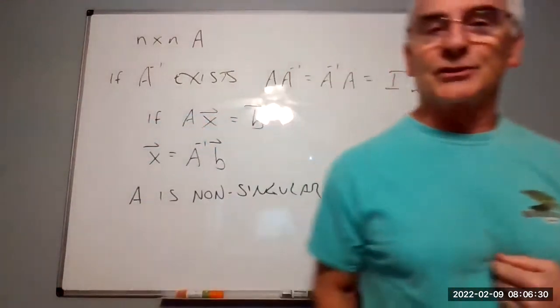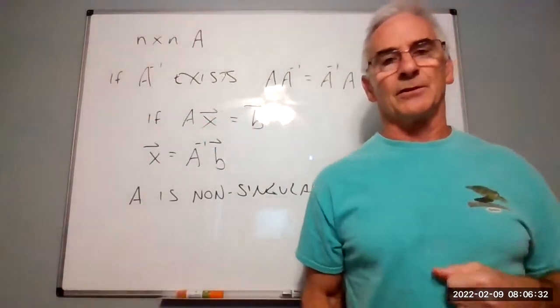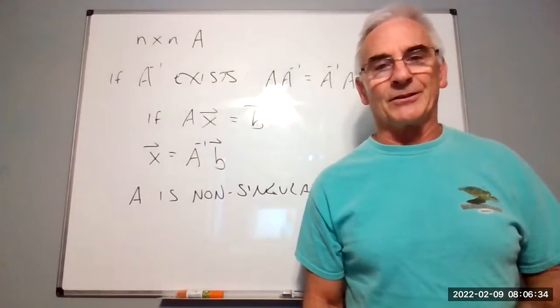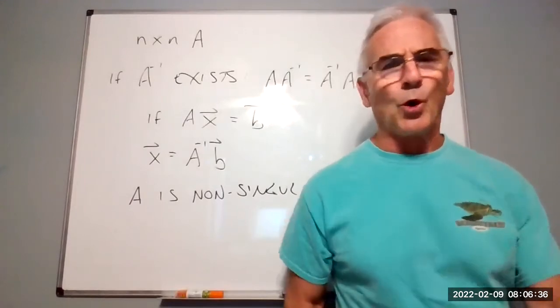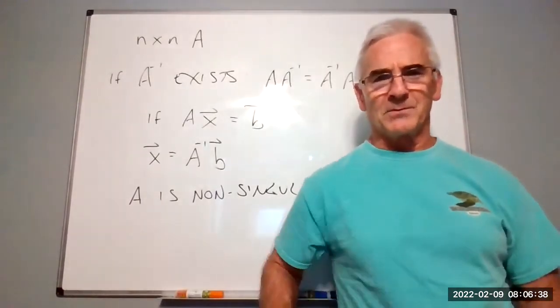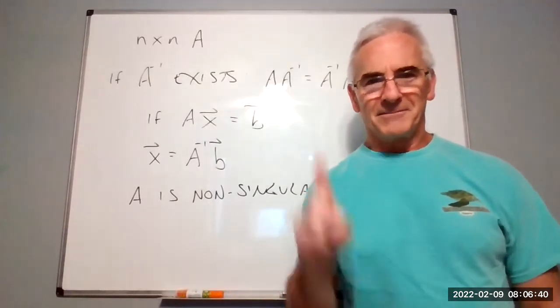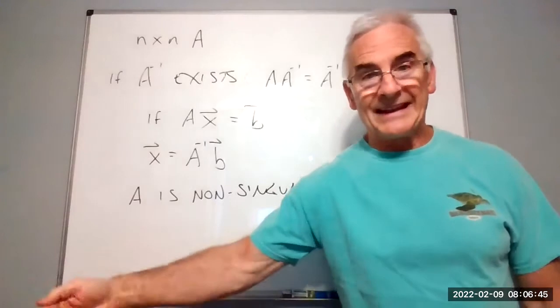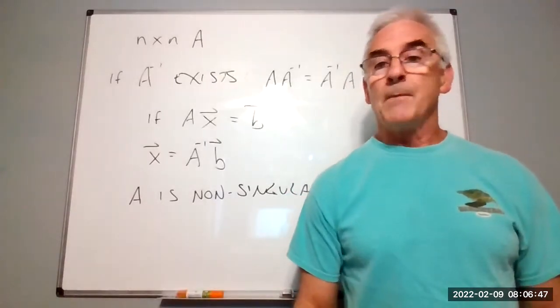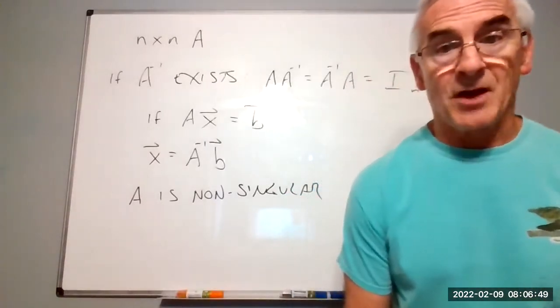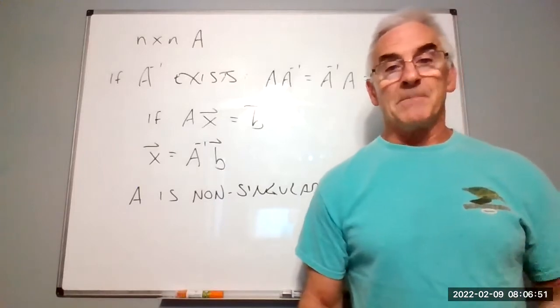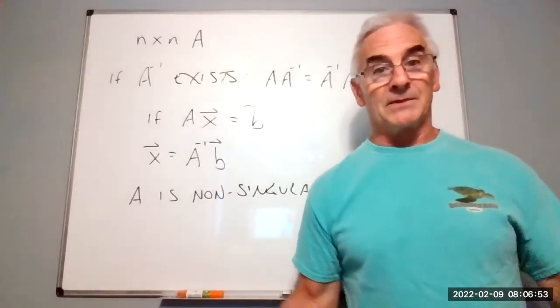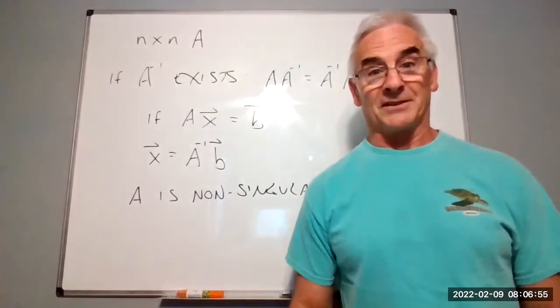Now, in the English language, what does singular usually mean? You know, I have a singular goal in life. Singular usually means one, like single. But in a mathematical context, it does not. Singular in mathematics means you're trying to divide by zero in every context.